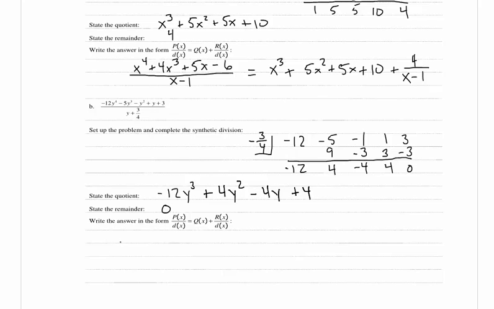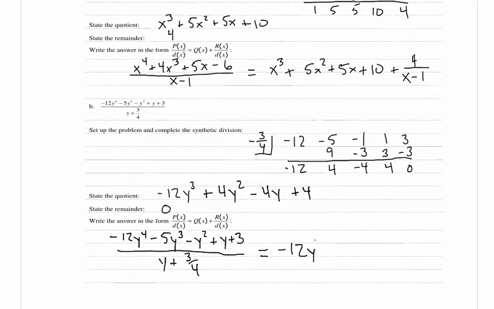So we're going to have our initial fraction that was given to us, negative 12y to the fourth minus 5y cubed minus y squared plus y plus 3 divided by y plus 3/4 is equal to our quotient, which is negative 12y cubed plus 4y squared minus 4y plus 4 plus our remainder over our divisor, and our remainder is 0, so we don't need to write it.